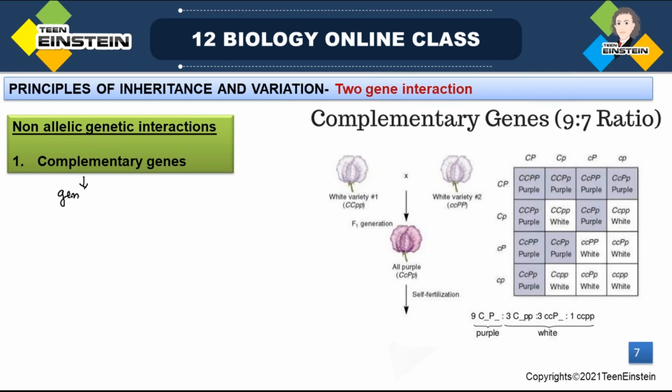We said these are gene interactions, non-allelic gene interactions, meaning it is between different genes. Two genes are interacting, not two alleles. So here, in complementary genes, two genes will be present which are complementing each other.